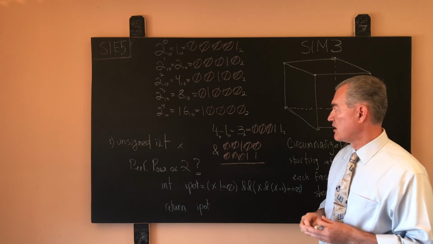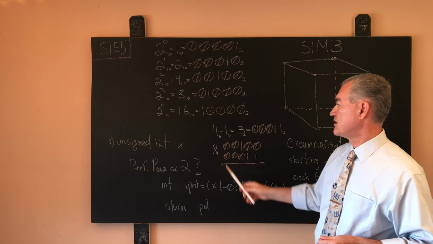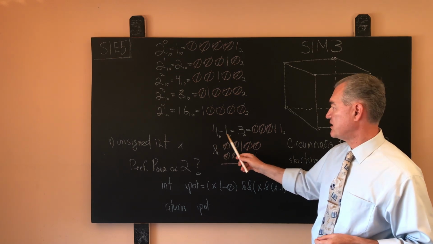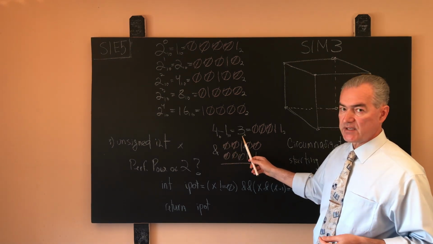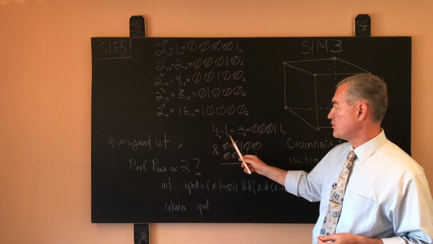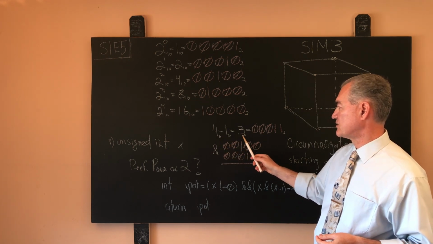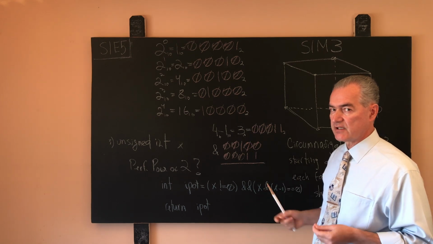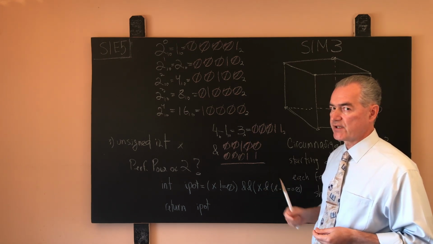For example, we can subtract number 1 from a perfect power of 2 and obtain a result. In base 10, that result, for example, 4 minus 1 equals 3, again, is not very revealing. It's not really clear what we do with this particular number.